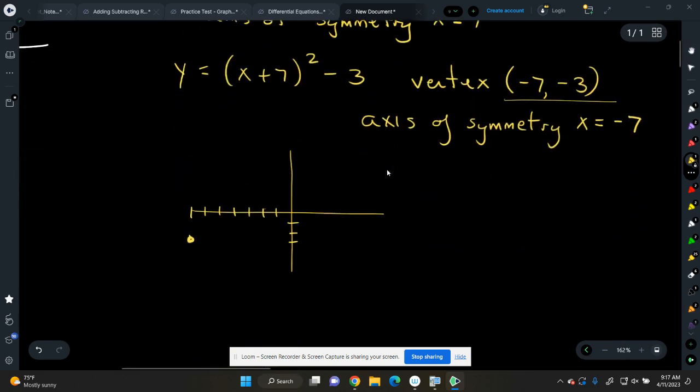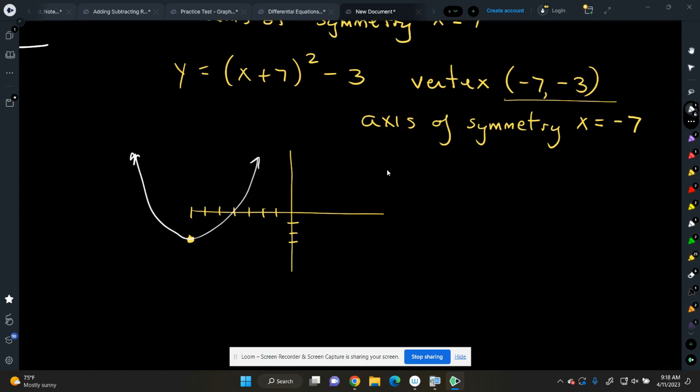How do we know it's opening up? Because this is a positive in front of there. If it was a negative sign in front, then it would open down. So it's going to open up. So there's my parabola, and we can't get very precise with it because we don't know enough yet. Okay, all right, so those are the easy ones.